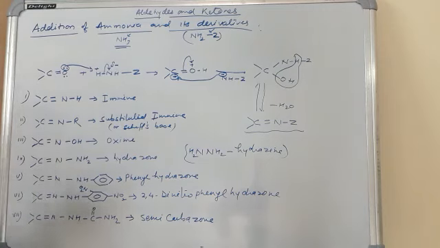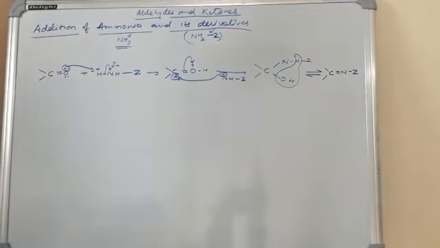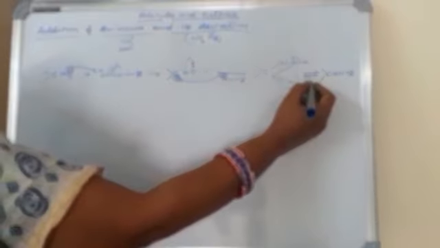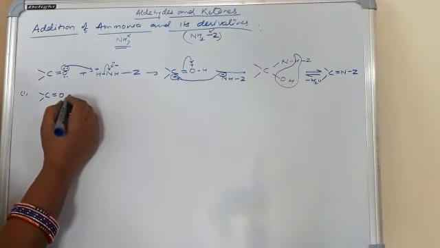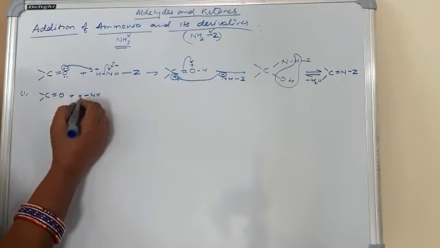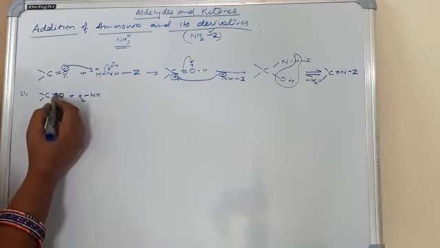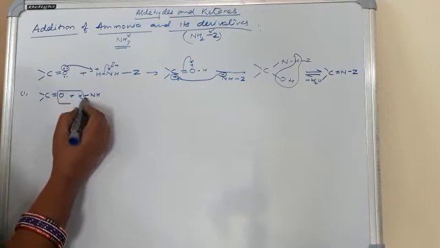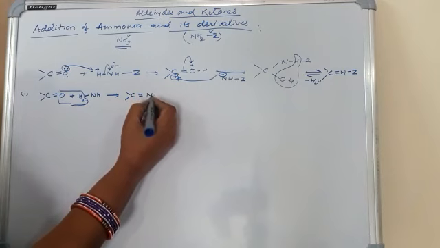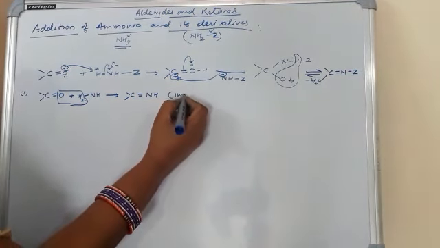Now see the reaction, how the reaction proceeds. At first, when a carbonyl group, either aldehyde or ketone, reacts with ammonia, we can write ammonia in this form also. So here is the removal of H2O and the formation of imine. This compound is known as imine.